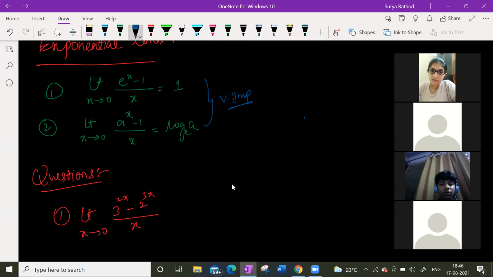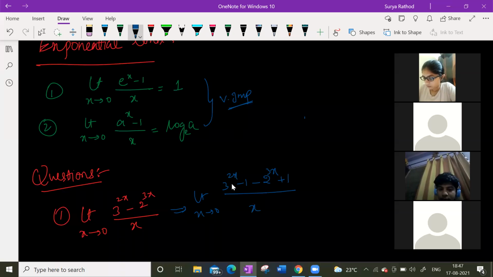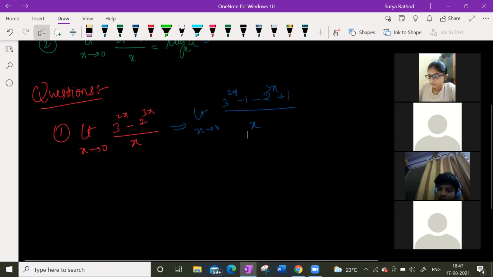But the given question is not in the format of the formula. Then what do I have to do here? Let us add and subtract 1. 3 power of 2x minus 1 minus 2 power of 3x plus 1, divided by x. Guys, can I add and subtract 1 here?